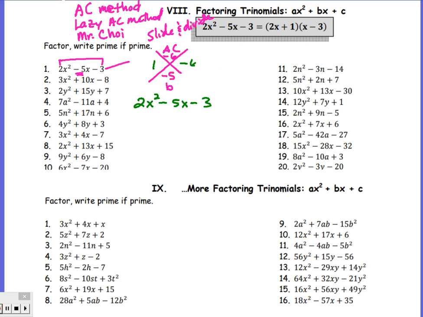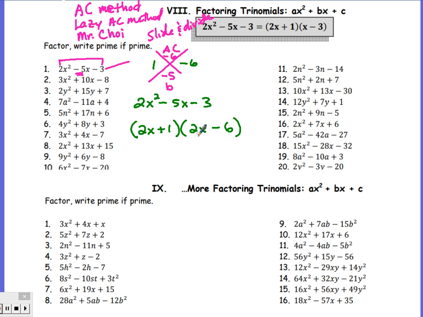Let's do lazy AC. Lazy AC starts the same way, but I'm going to say something that's untrue for just a second. I'm going to put 2x, I'm going to put 2x, and I'm going to put the 1 and the -6. Now this, I can't say it's equal. It's not equal. I'm doing this a lazy way. I put in an extra 2 here.